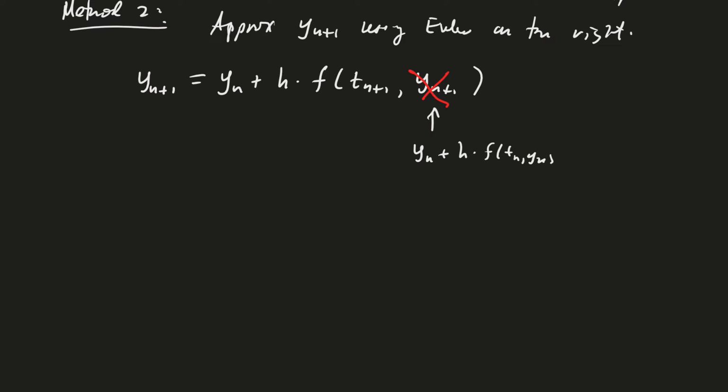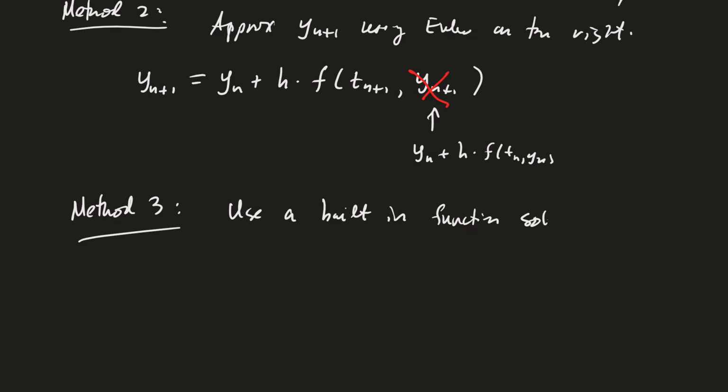The last method I'll just mention briefly, and that is to use a built-in function solver. And by that I mean like MATLAB, Octave, Python, they all come with some numerical method to solve some function of z equal to 0 for z.